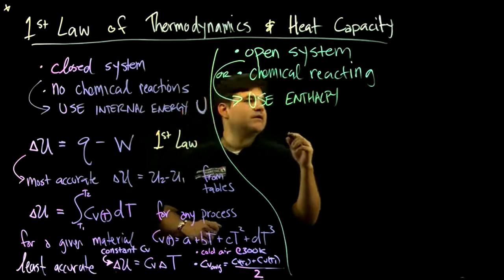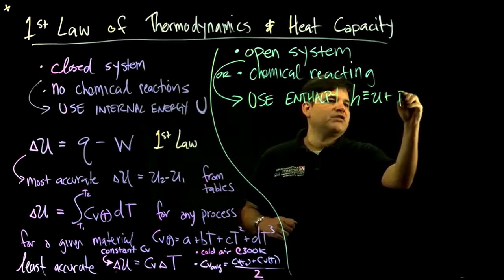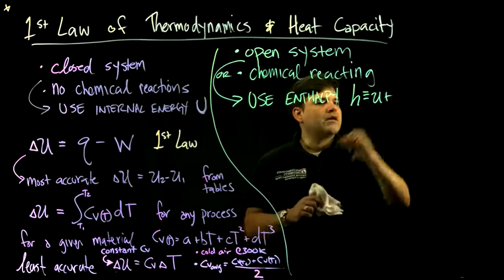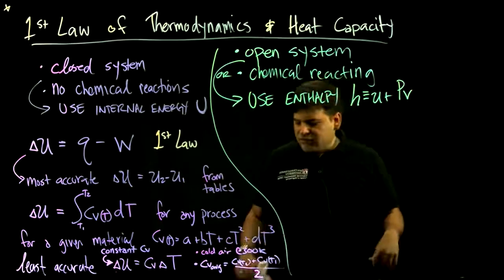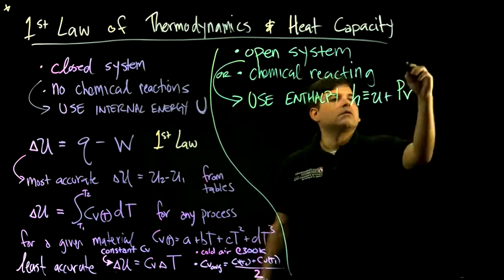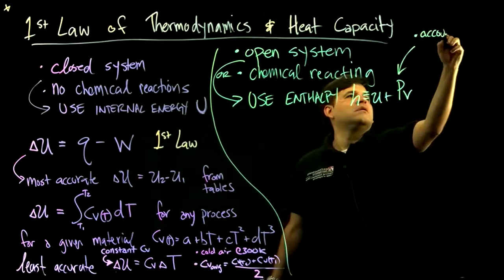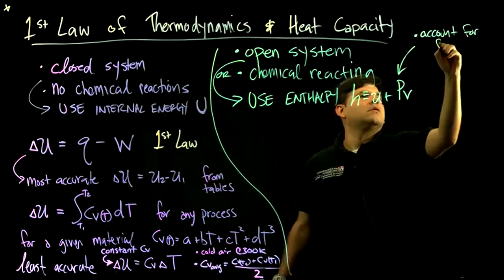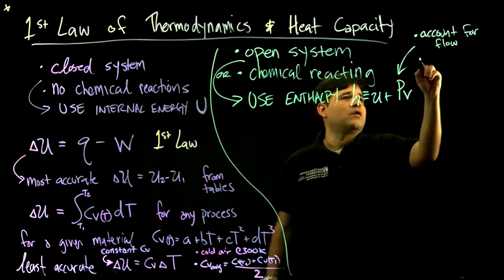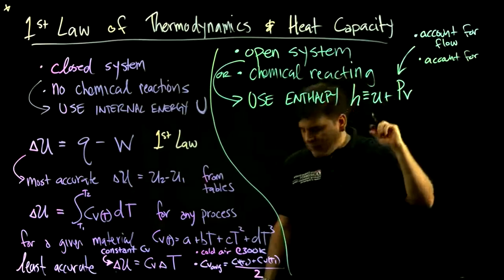So it's related to internal energy, but this extra PV term accounts for a lot of things conveniently. So this can account for flow going in and out of the system. It can account for chemical bonds.